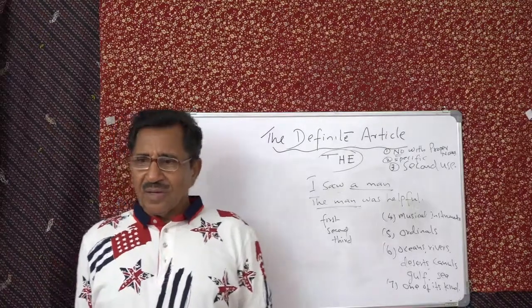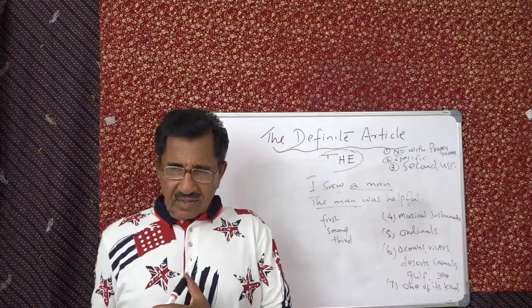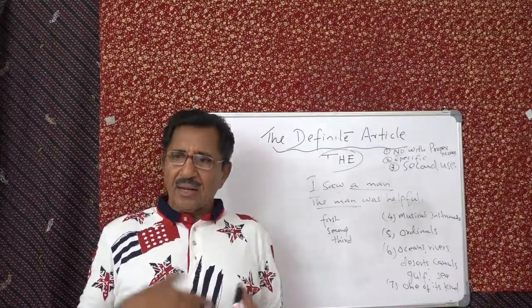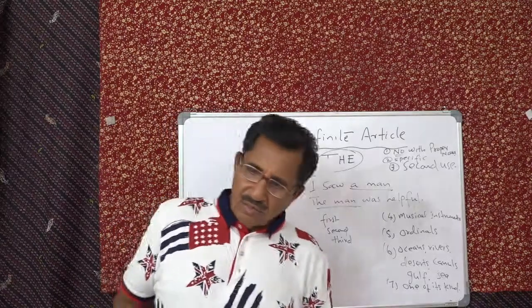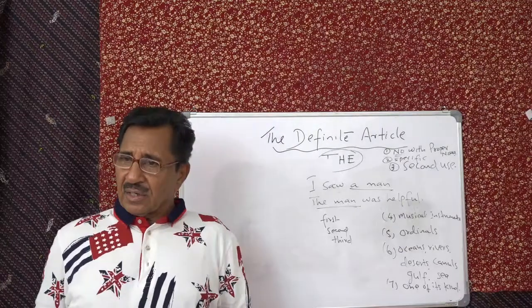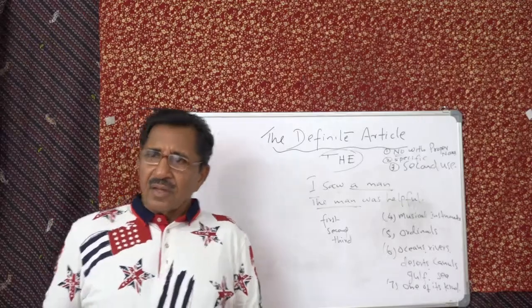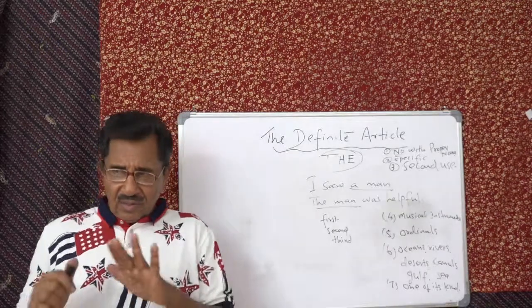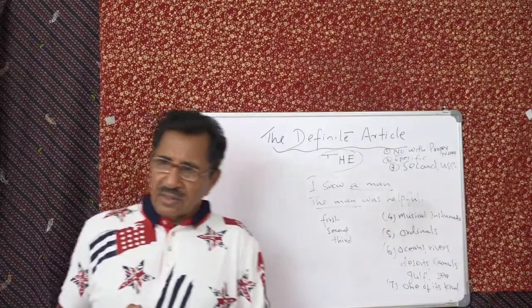It is with the common nouns, countable and uncountable. They can be abstract or they can be concrete. What is an abstract noun? Truth is an abstract noun. Truth. Isn't it? For the time being you understand it like this.